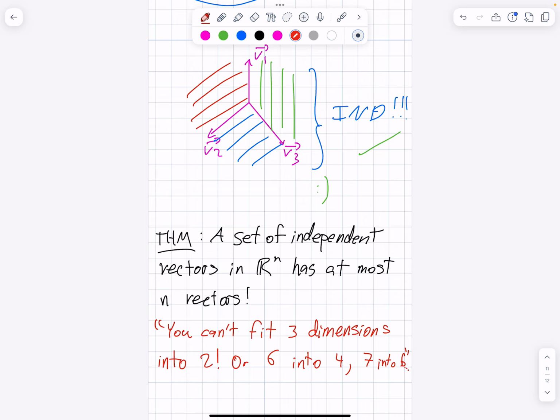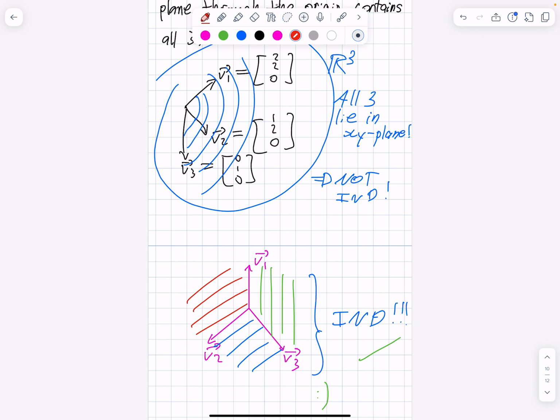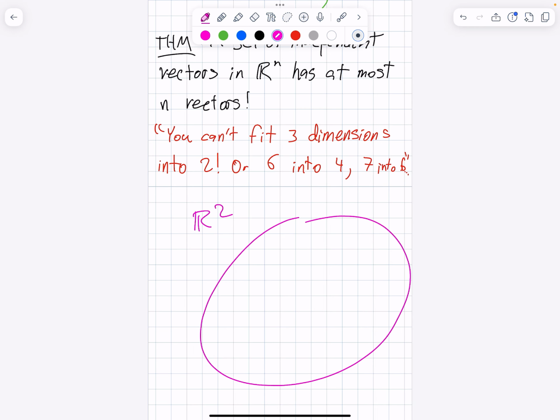So you can't take something with a higher dimension and fit it into something with a lower dimension, right? So in this case where we had the 3 independent vectors, no plane contains all of them, right? So try to imagine we have 3 vectors in R2. Here's R2, and now we have 3 vectors. Well, R2 is itself a plane, right?